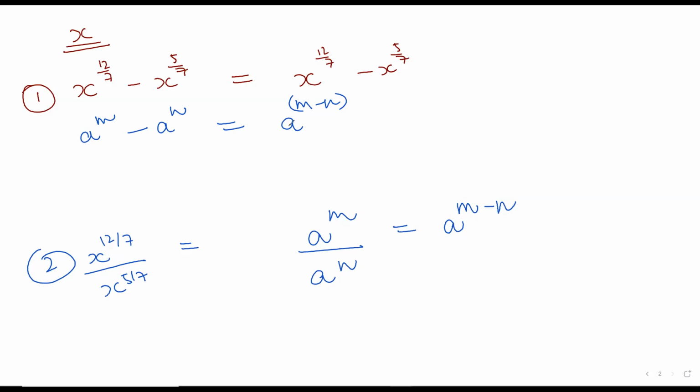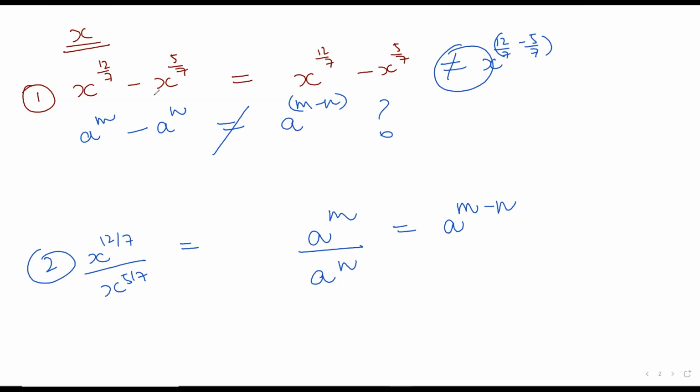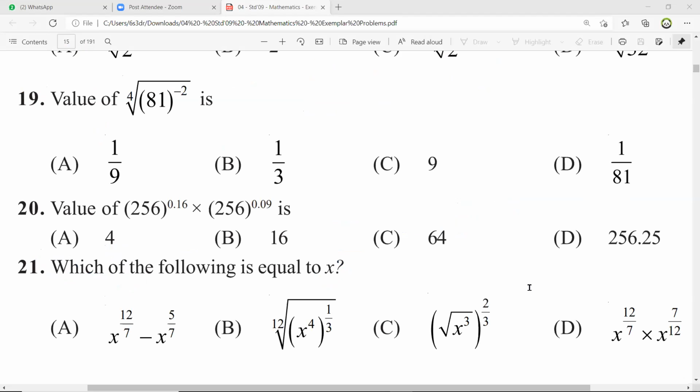Yes or no? No, ma'am. No, it is not equal, right? So therefore we cannot say that this is equal to x to the power 12 by 7 minus 5 by 7. So this is wrong. Okay, it is not equal. So the first option, x to the power 12 by 7 minus 5 by 7, is not equal to x.